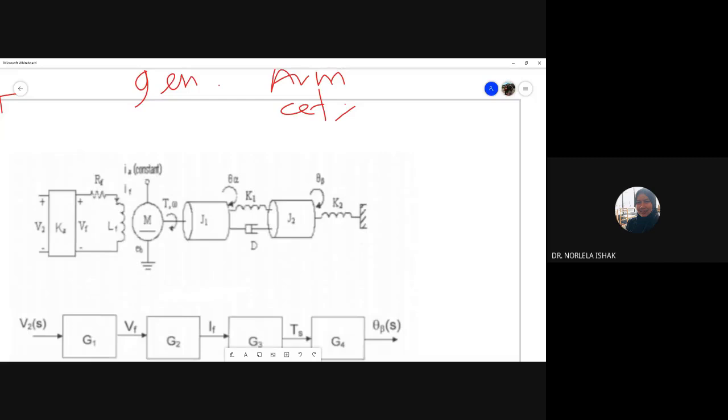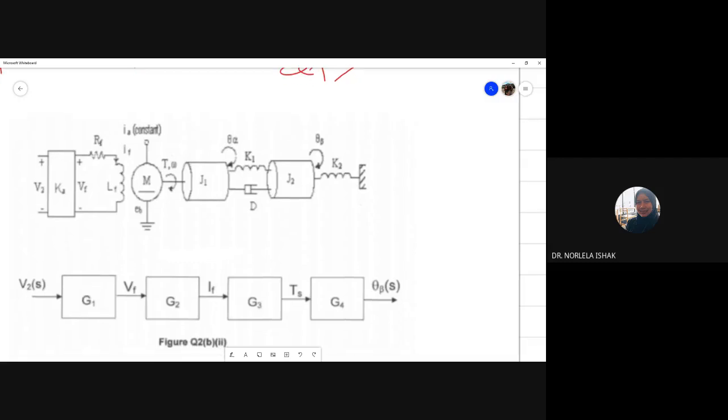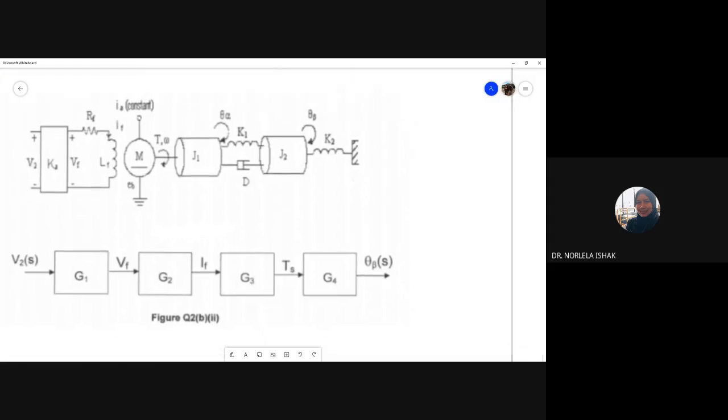What type of system is here? I already give the block, and that represents the overall system.